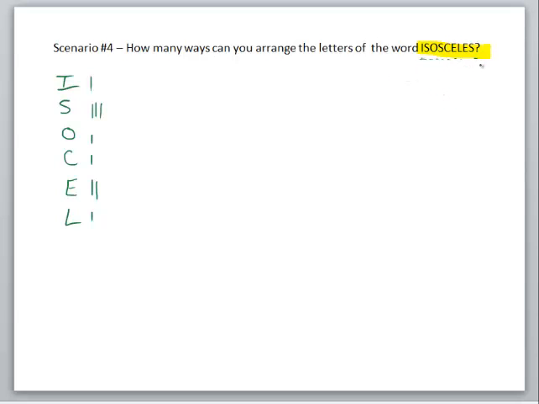I have 9 different spaces in my word isosceles. So there are 9 spaces total to fill. Typically then, I would just say the number of different ways that I can fill those. I have 9 spaces. I'm just going to pick 9 of them at a time. So it would be 9 factorial.